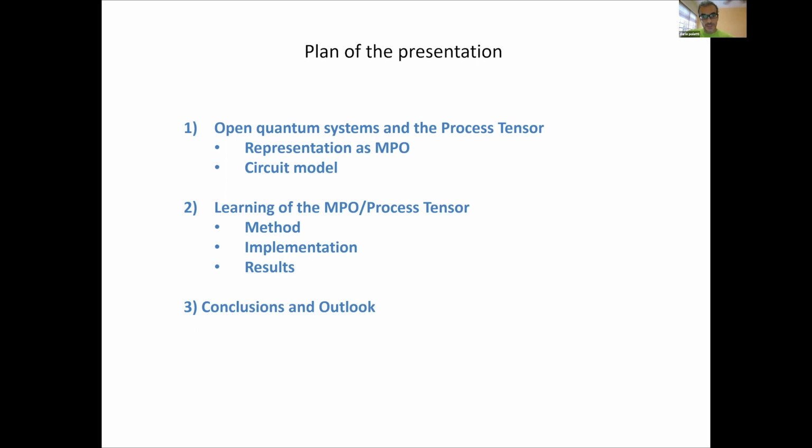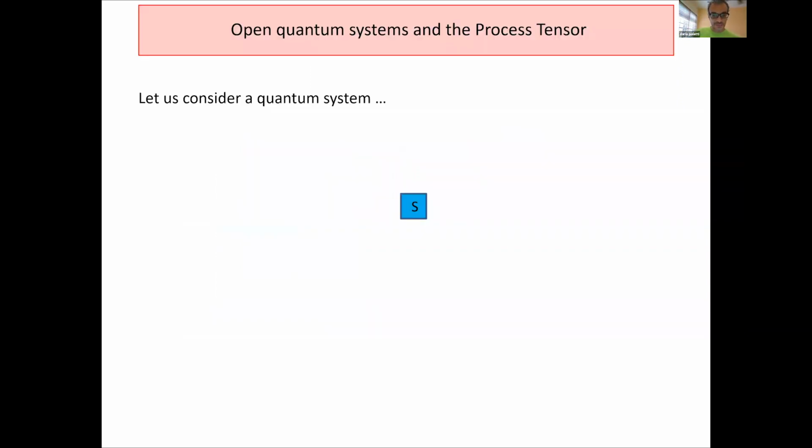And then I will show you how we can learn these things with MPOs, matrix product operators, and in particular, I'll show you an implementation of open quantum systems and how we learn its properties. Okay, so this is the idea. Let's go for it. We start with telling you about open quantum systems and process tensor.